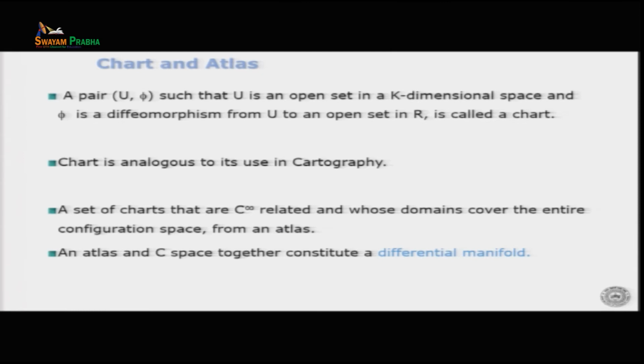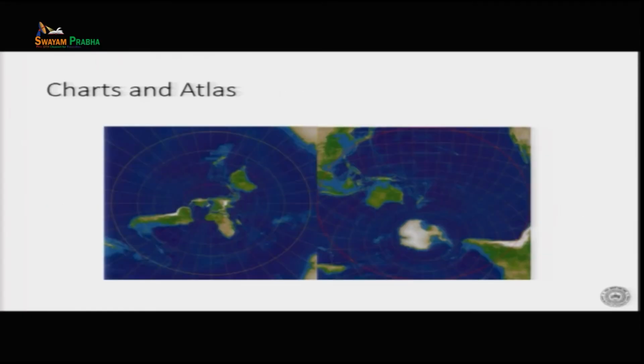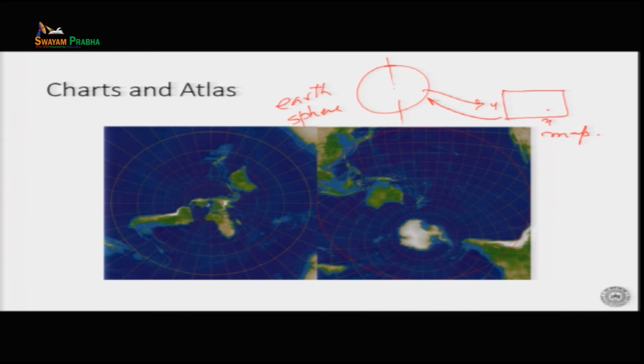Now, why is this important? You can think that there are applications where we need to do this. For example, this is an application where we are trying to map the world. So, the earth is rotating about an axis, and this is a sphere. We want to make a chart, and a map would be like this: basically this is xy, and the earth is getting mapped onto this map.